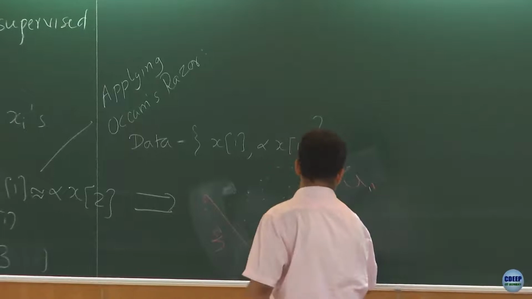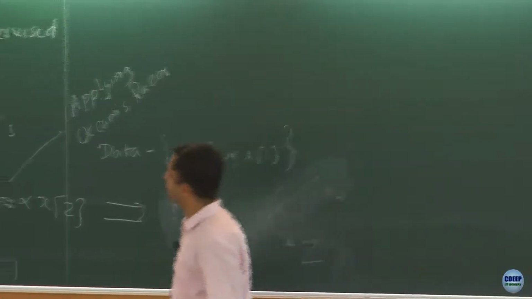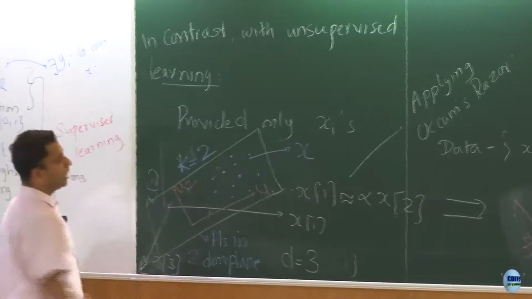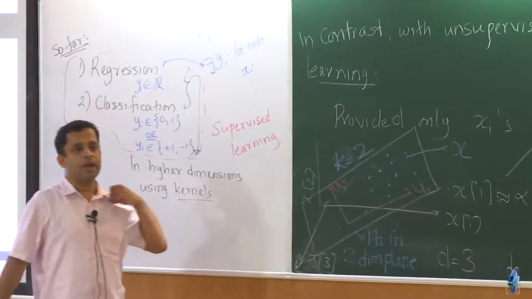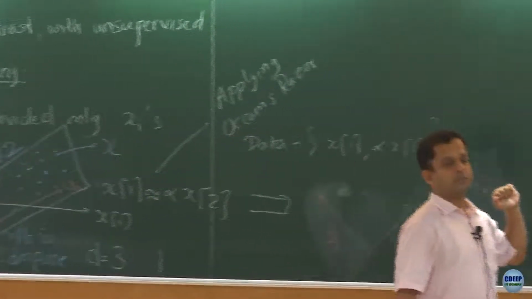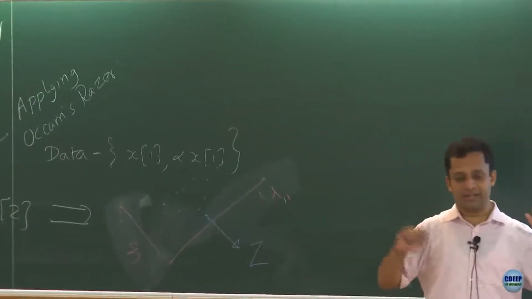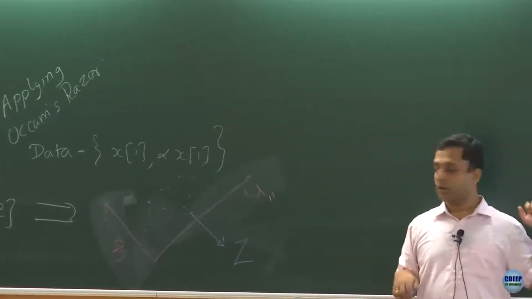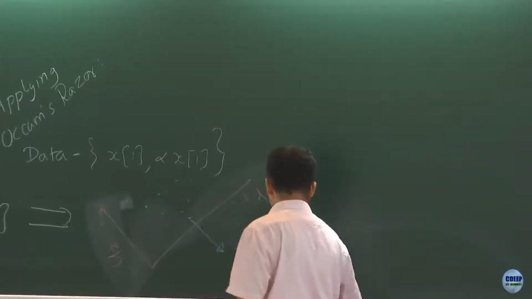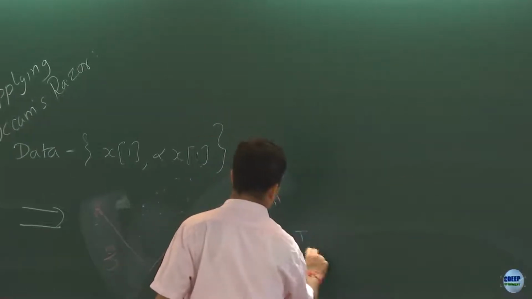And these are what we refer to as Z. If this was an X, I am now projecting them into the space defined by the U's, and the projection is called Z. And the way Z is obtained is U transpose X.